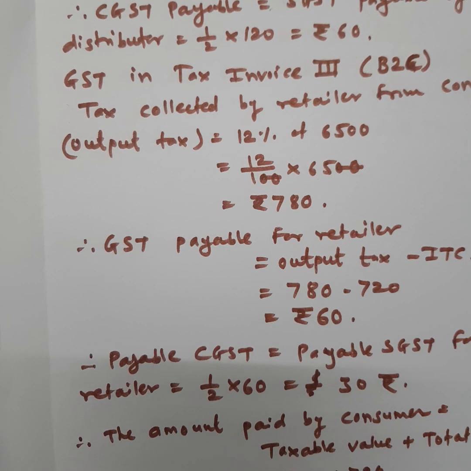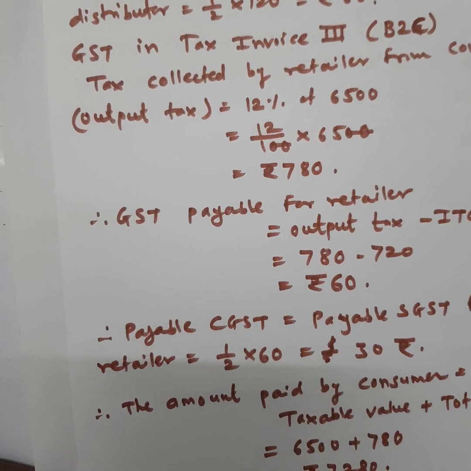First two invoices, that is manufacturer to distributor, is B2B, then distributor to retailer is also B2B, and last is retailer to customer, it is B2C. In this way, we have solved these two examples in this lecture.